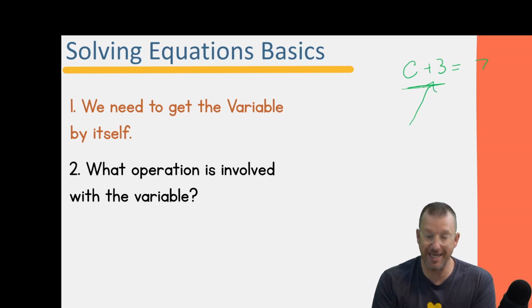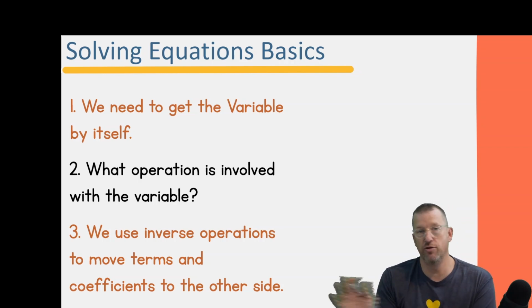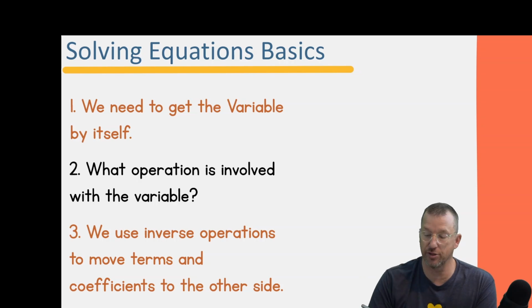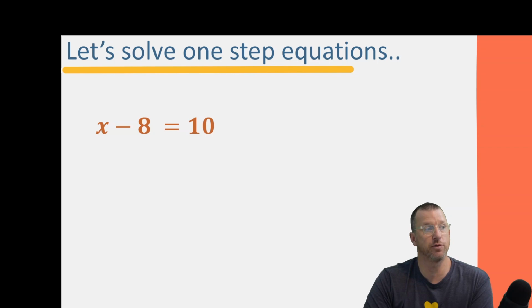In this one, it would be addition. Once we know that, we're going to use the inverse of that operation to get the variable by itself, or to move the terms and the coefficients to the other side. All right, that's the basics. I'm going to put that at the top of each one of these as we try a couple.